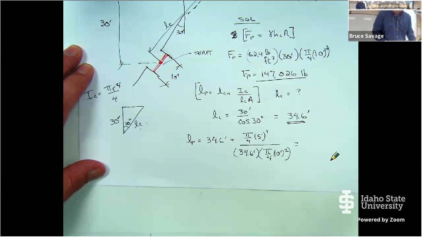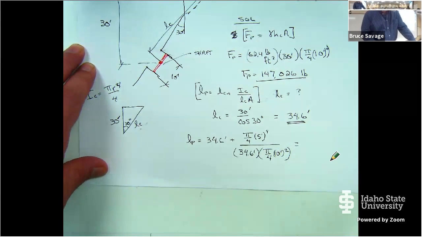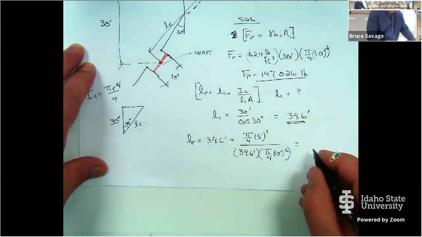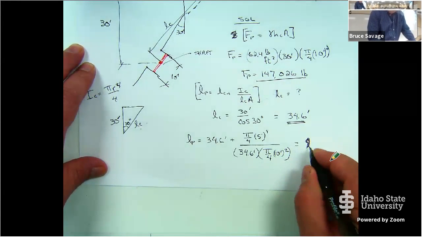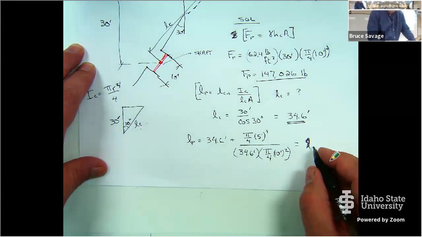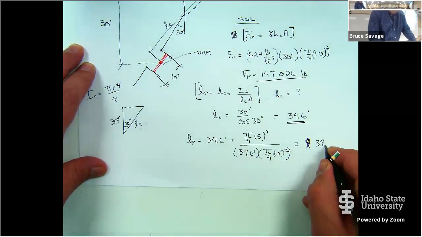And when I do all those calculations and crank this out, I'm going to find out that L sub P is equal to 34.78 feet.